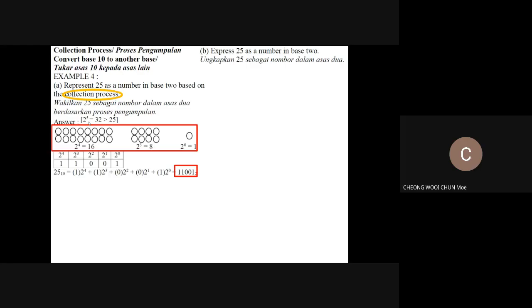You can try 2 power 1, 2 power 2, 2 power 3, 2 power 4, and 2 power 5. Then you get 2 power 4 is 16, 2 power 5 you get 32, and 32 is more than 25. So we use 2 power 4 first. That's how we calculate the process, which one to choose.